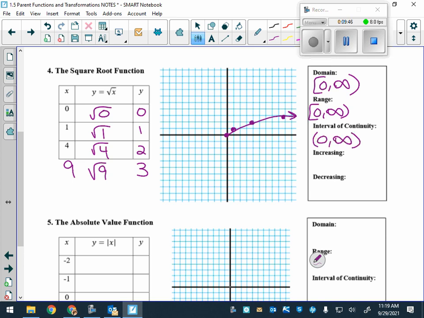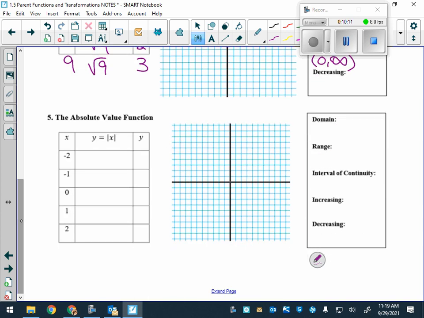And again, intervals of continuity only use parentheses. How about increasing? Emily. Good job. Excellent. And this one is not decreasing. Okay, good. All right, and the last one.